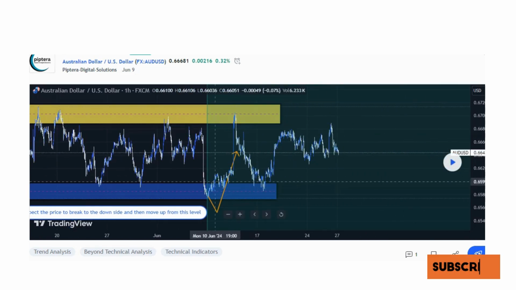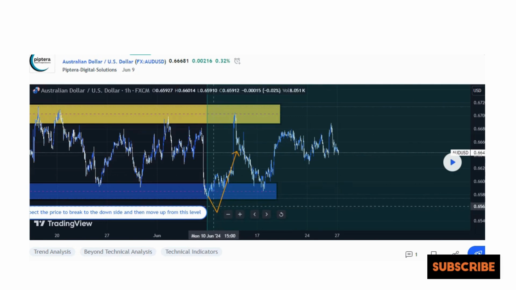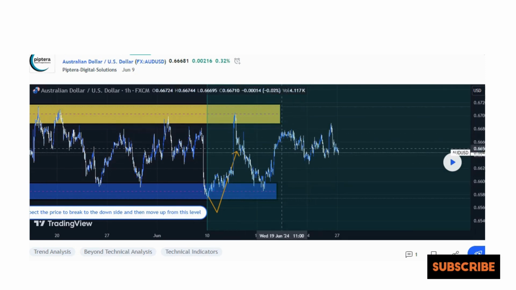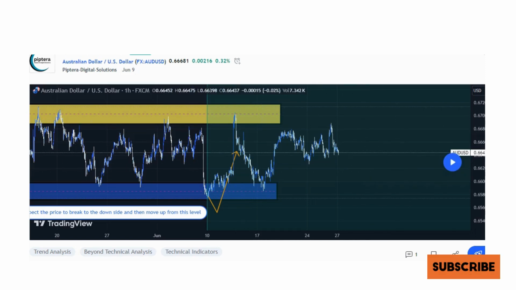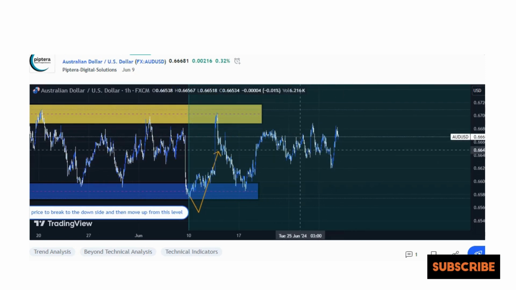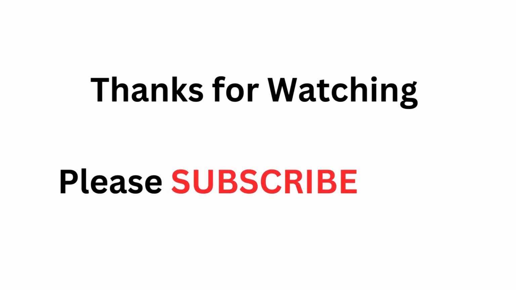The price didn't break below the support zone, but it went up from there and retested the resistance zone and then dropped from there, retested the support zone again, traded like three quarters of this open space, and then let's see what happened from there. Then the price continued to range in this zone. So let's see what will happen next week.